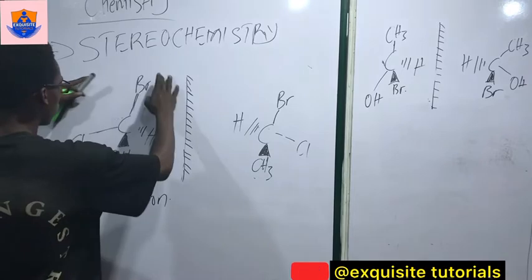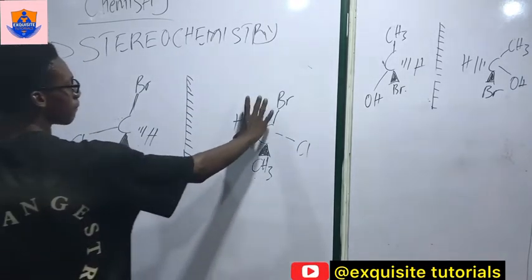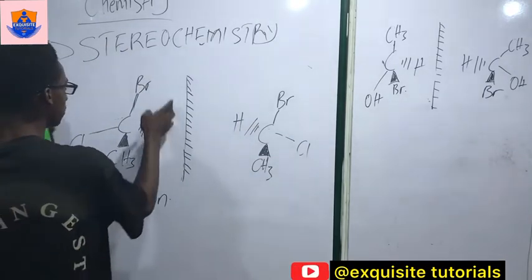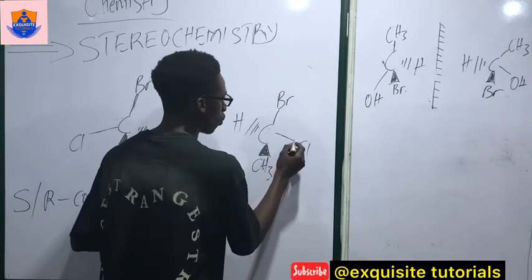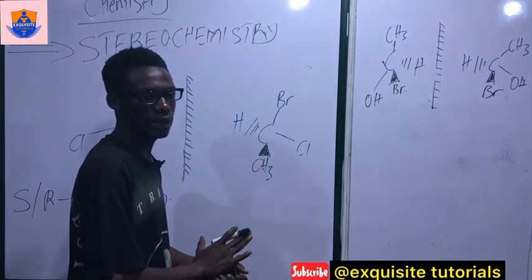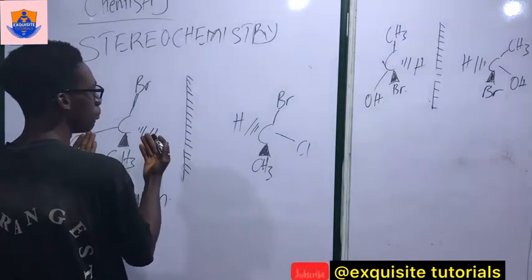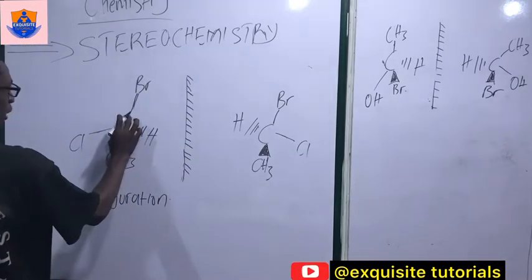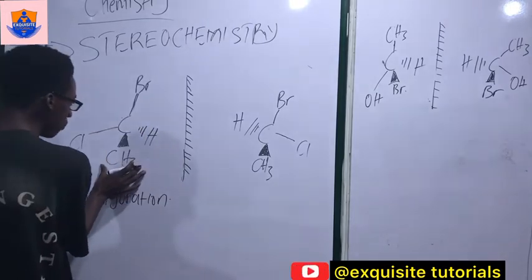This is a compound. Now, if we put a mirror here, it displays the opposite of itself. So enantiomers means that once it displays itself, it cannot overlap. If you place it on itself, it does not superimpose. So now we have this carbon with hydrogen, bromine, chlorine, then a methyl group here.